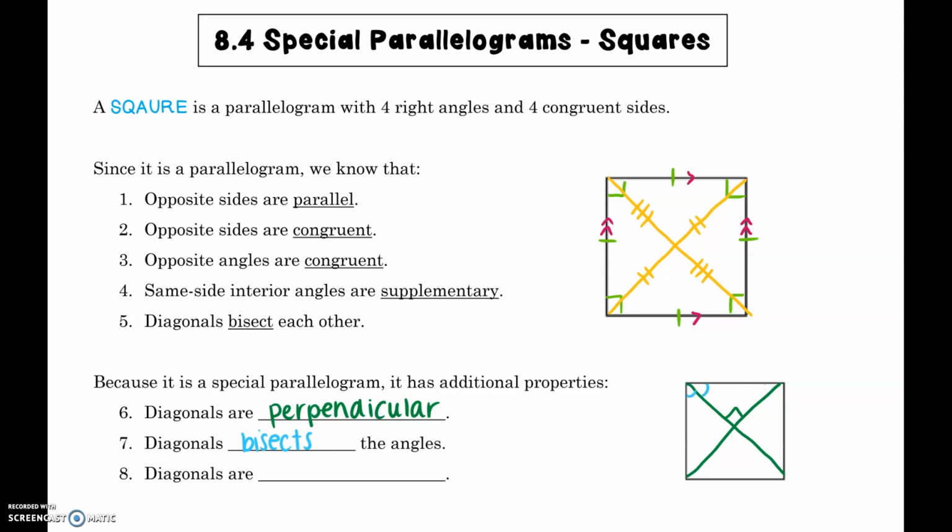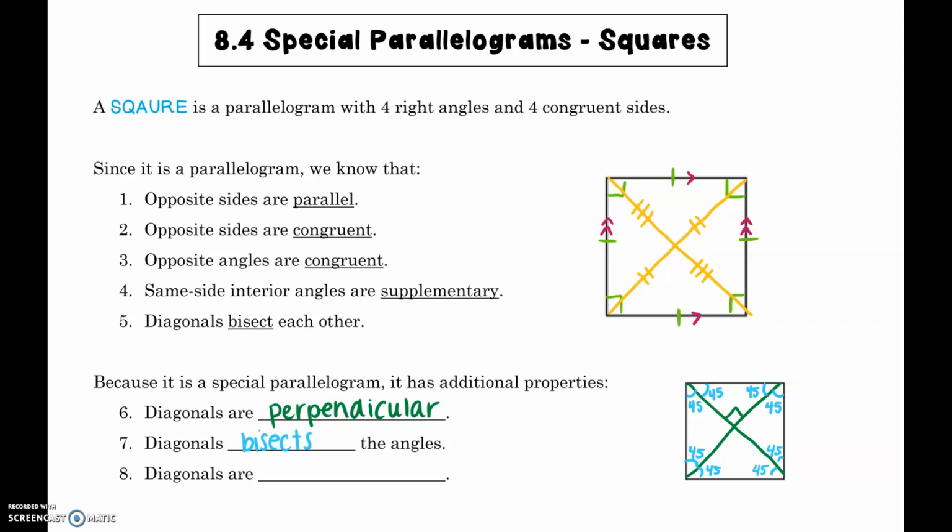So because these angles are being bisected by the diagonals, we can actually say that all of these angles measure 45 degrees, right? Because if the big angle measures 90 degrees in all 4 corners of the square, when the diagonal bisects these 90-degree angles, we get 45-degree angles. We cut that 90-degree angle in half.